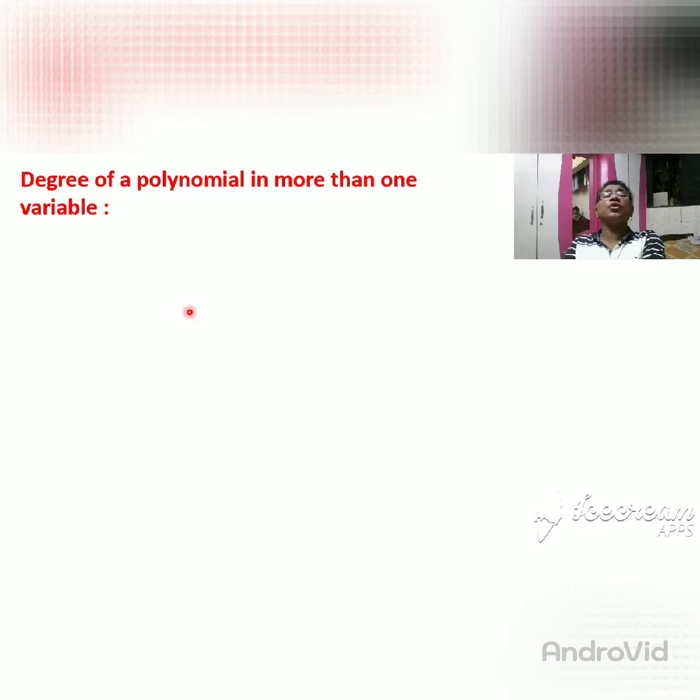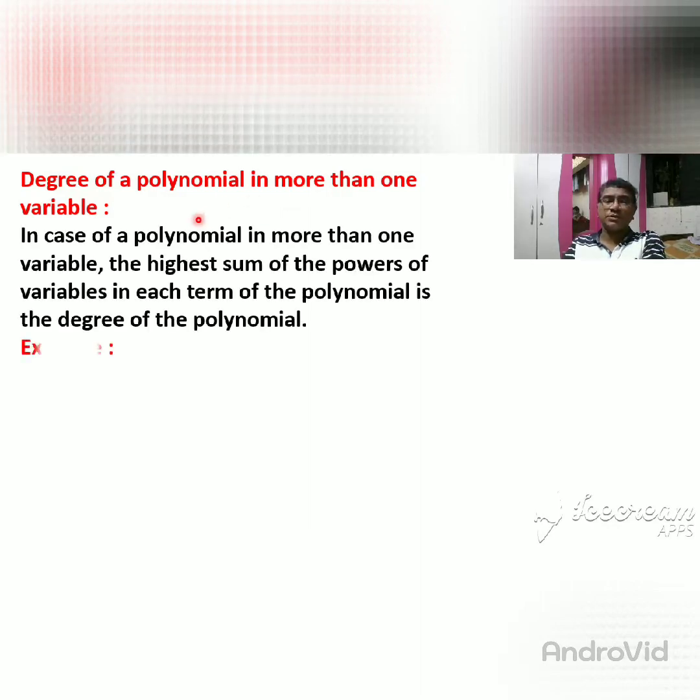Now, the degree of polynomials in more than one variable. When there is more than one variable and you want to find the degree, you calculate the indices of all given variables, and whichever term's index sum is greater, that is called the degree.